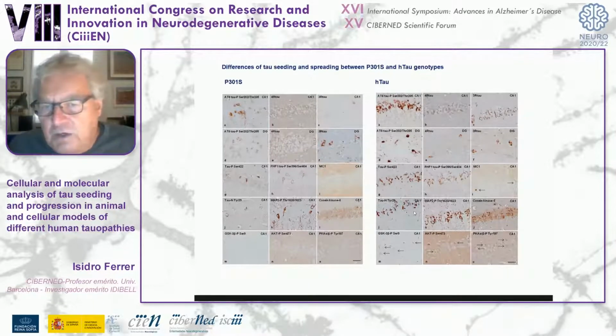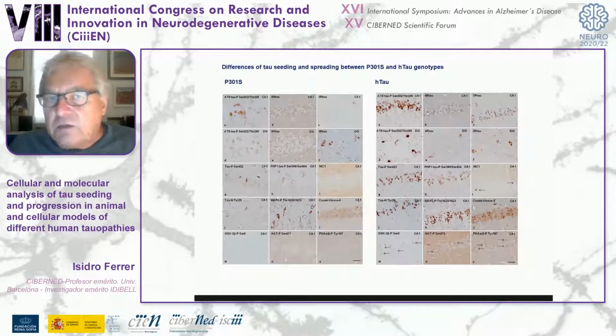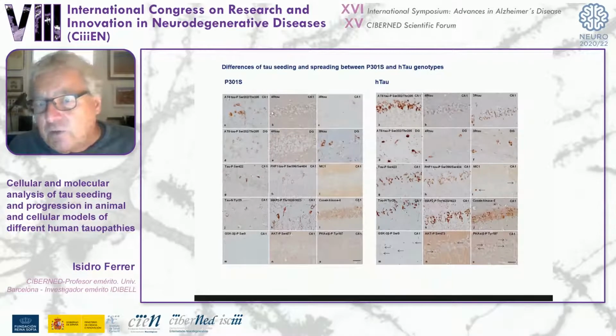And here in this one, for example, we can see that the amount of tau is much higher in these mice expressing human large amount of tau than in those animals expressing lower amounts of mutated tau, mutant human tau.